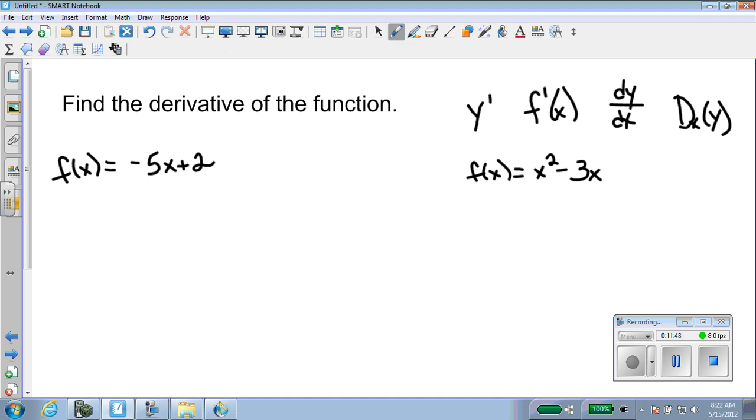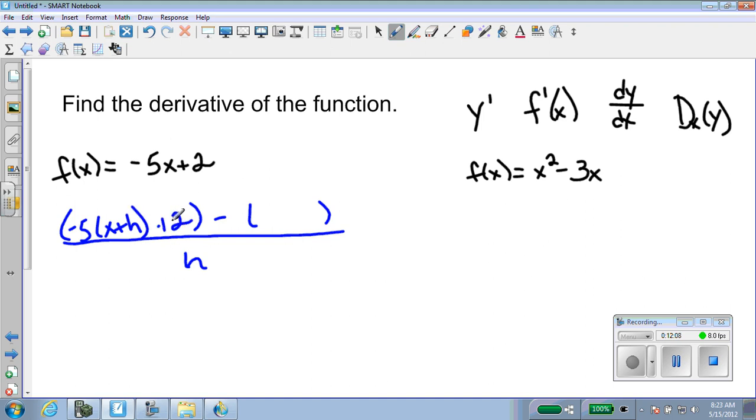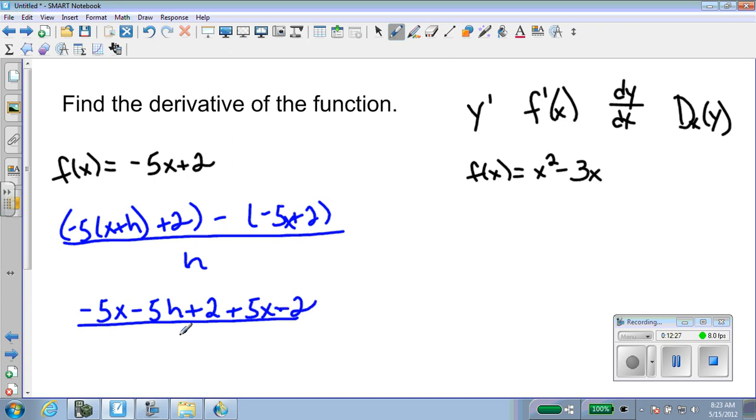So find the derivative. We're going to do the exact same thing that we have been doing. f of x plus h minus f of x all over h, and then we'll take the limit as h goes to 0. So negative 5 times x plus h, plus 2, negative 5 plus 5x, pardon me, plus 2. So we've got negative 5x minus 5h plus 2 plus 5x minus 2 all over h.